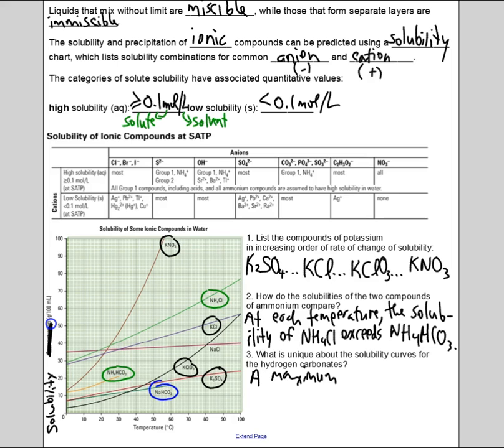Remember, nitrates are highly soluble, and we would expect them to have the highest solubility values, but they too would reach a maximum. But ammonium hydrogen carbonate and sodium hydrogen carbonate reach a maximum solubility at 30 or 60 degrees Celsius.